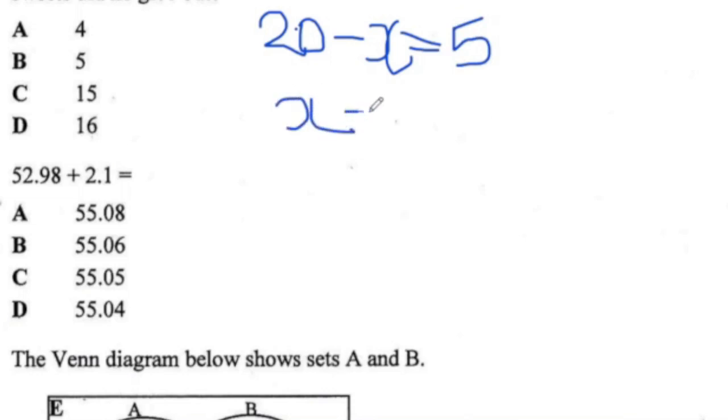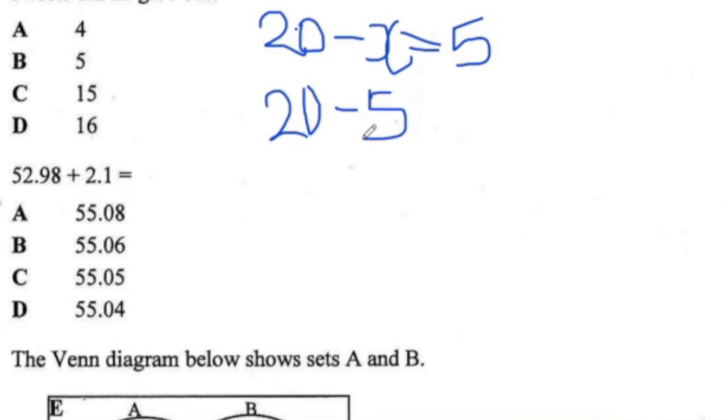You can either do this, or let me not write X instead, because this will confuse you entirely. Let me show you what you do. You write 20. This is a positive number, so it will cross the equal sign and become minus. So we're going to have 20 minus 5.